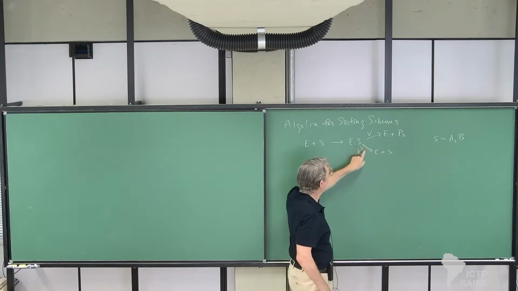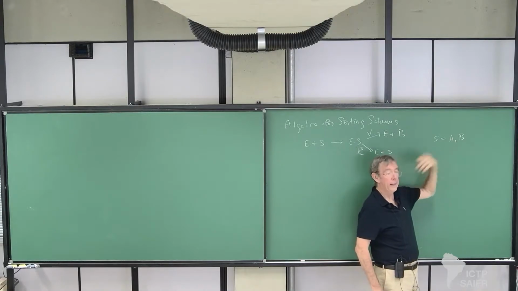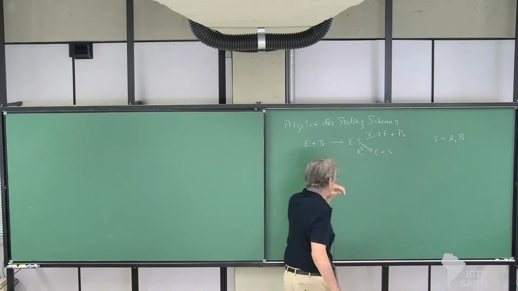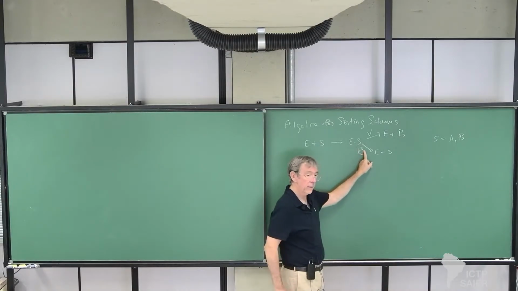So anyway, this off rate is going to depend on whether it's the good substrate or the bad substrate. And ideally, or rather what we'll see is that most of the effect comes from the off rate for the bad thing being big compared to the off rate for the good thing. Seems reasonable.